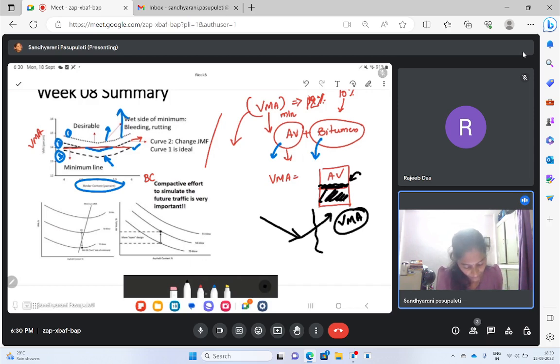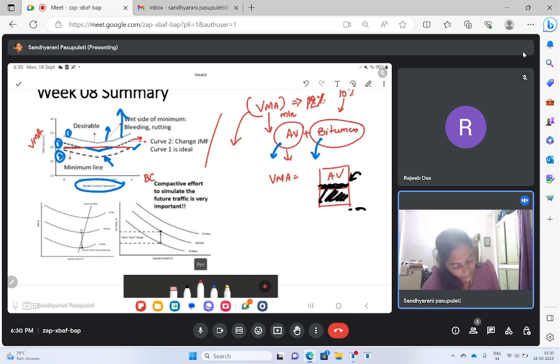And as far as compaction effort is considered, let us say in the Marshall mix design, we are choosing 75 blows. So this 75 blows corresponds to, let us say, traffic greater than 1 MSA. Marshall came around the 1990s.